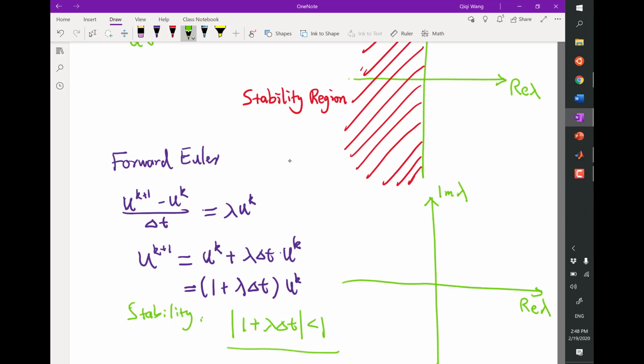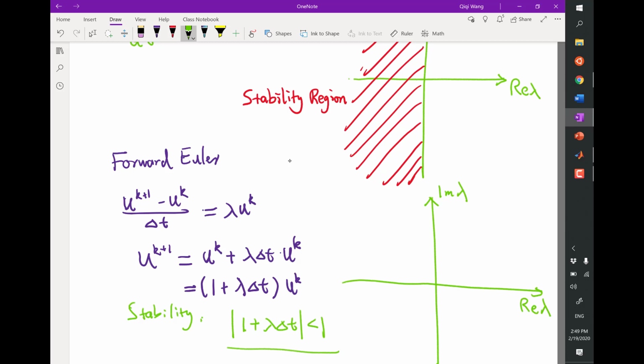First, let's get rid of this 1 plus, right? If 1 plus lambda delta t is a unit circle, let's subtract 1 from both sides. So lambda delta t would be within a region that is the unit circle subtracted by 1. What is a unit circle subtracted by 1? You are shifting the origin towards the left, right?